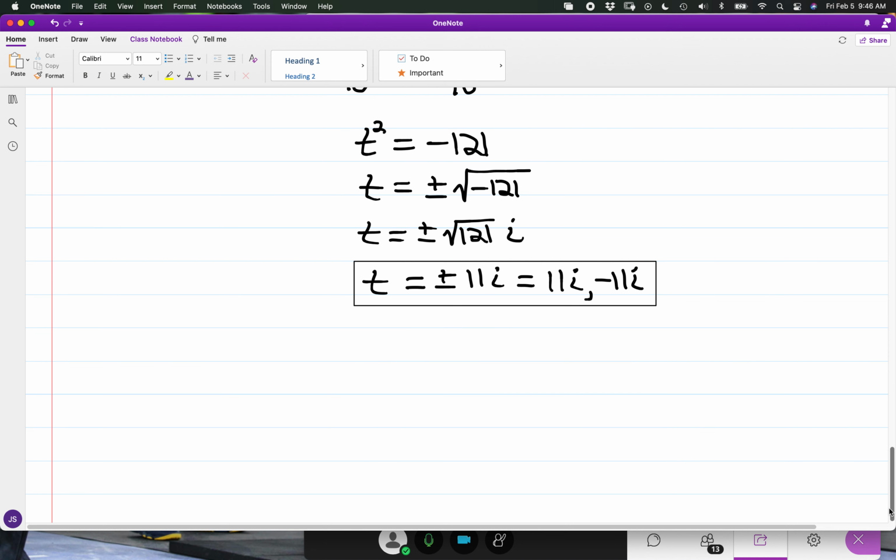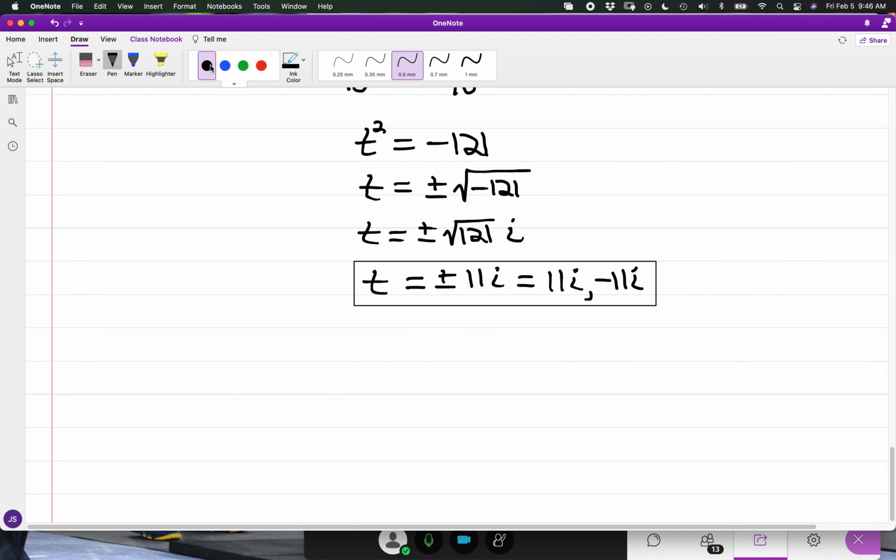Now, in the case of 105, we're going from solving for t to solving for x. In this one, we have x times the quantity x minus 4 is equal to negative 9.